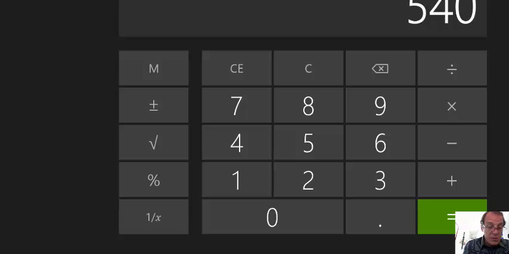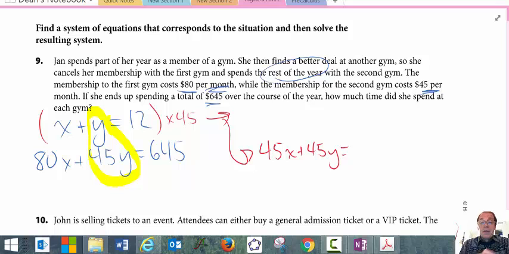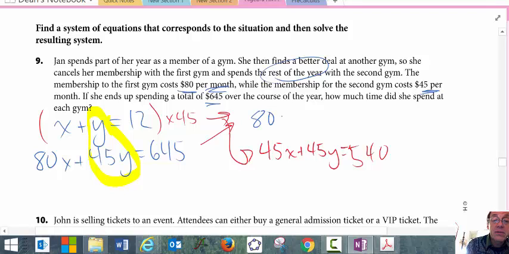Okay, I just multiplied 45 times 12 and got 540. So we got 540 here. And now I'm going to write this one above it, which is 80x plus 45y equals 645.